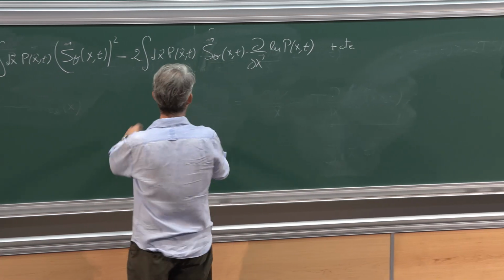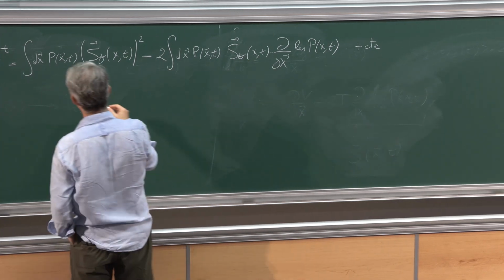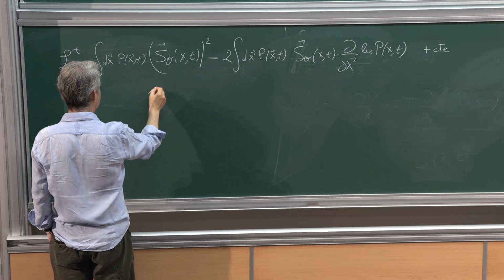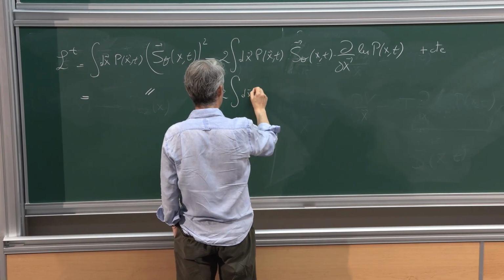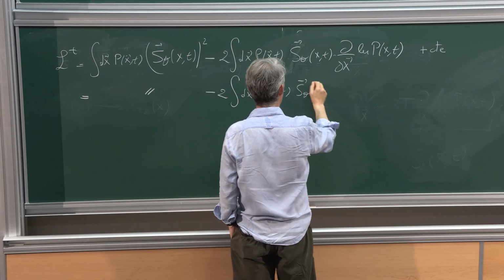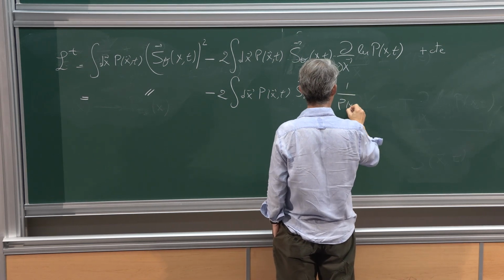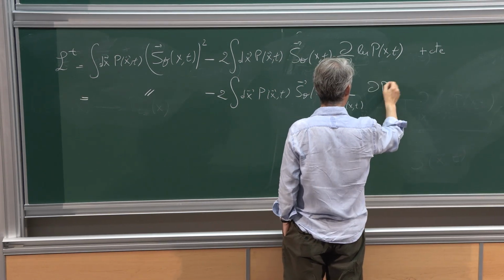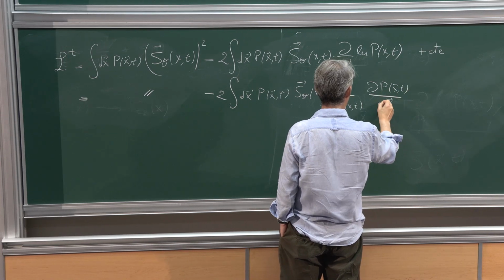Okay, and so now, let's look at this term. What is it? So I can rewrite. Here I'm going to get exactly the same thing. And here I have minus twice the integral over dx, p of x and t, s of theta, x and t. And here I have 1 over p of x and t times the derivative of p_t with respect to x.